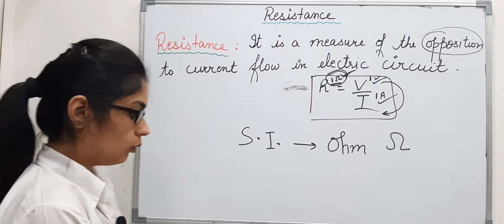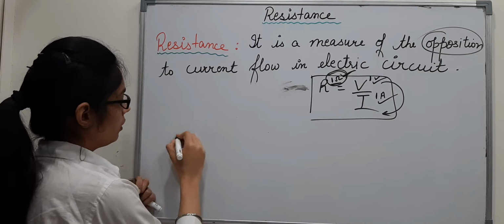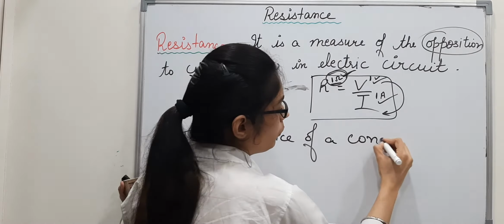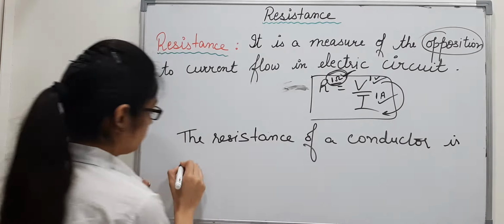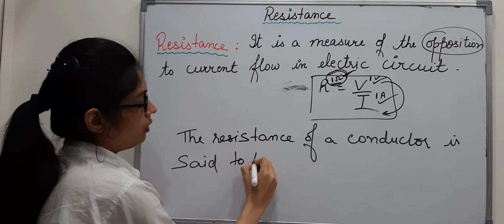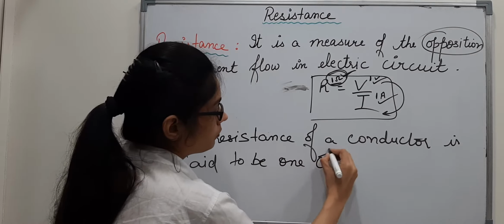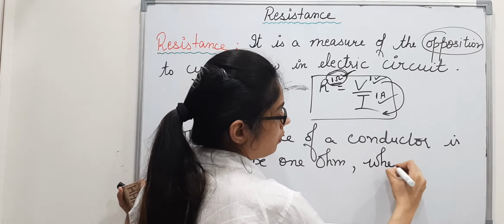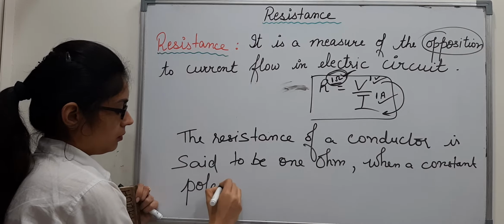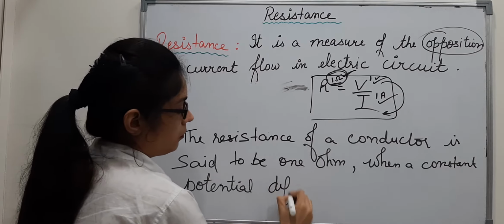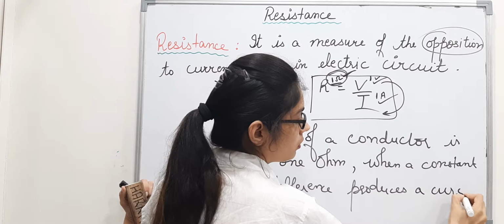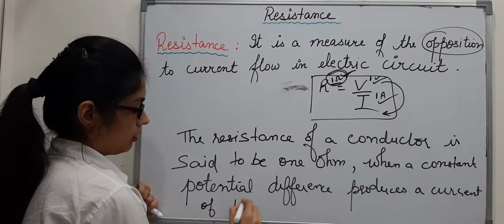So this is the definition of 1 ohm. I'll write it also. The resistance of a conductor is said to be 1 ohm when a constant potential difference of 1 volt produces a current of 1 ampere.